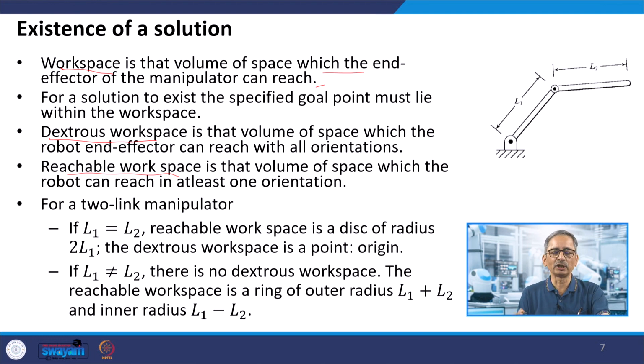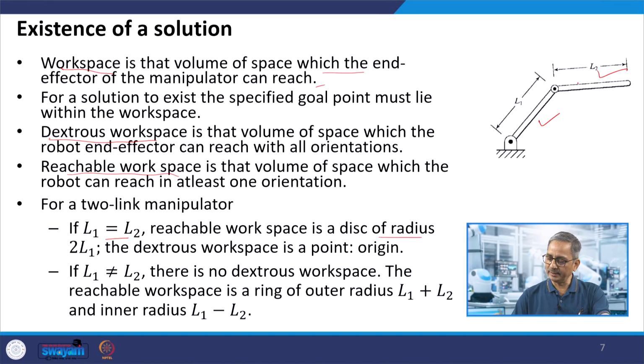So, if I take the example of a 2-link manipulator as shown over here. Now, if both the lengths are equal, L1 is equal to L2, the reachable workspace is going to be a disk of radius 2 L1, and the dexterous workspace is going to be a simple point, the origin.